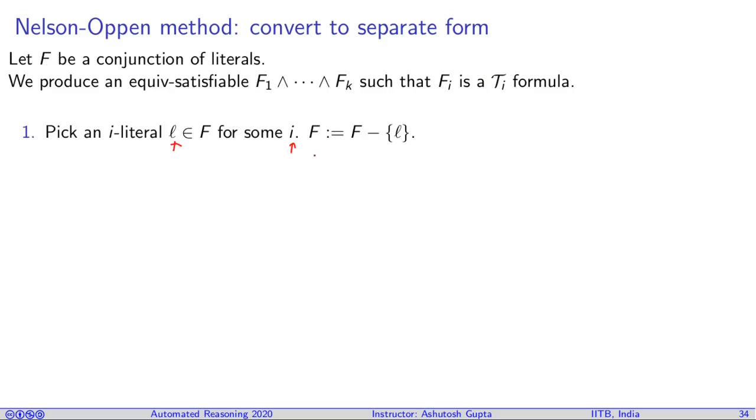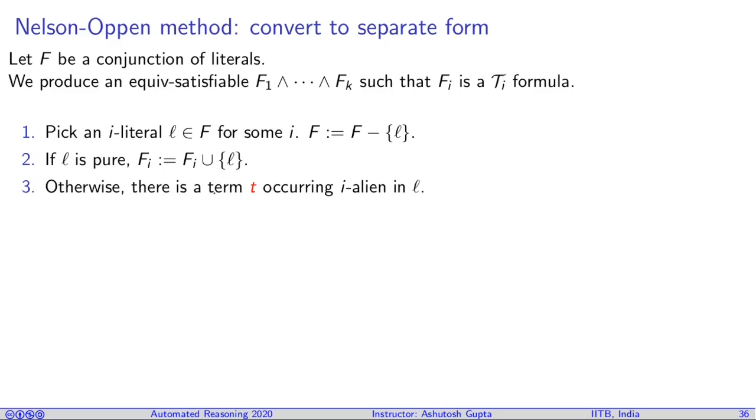Let's see how we do it. Let's suppose we pick an i literal L from formula F, remove this literal from F, and then we want to add it into our Fi. So if L is pure, then you just go ahead and take the union of Fi with L. But otherwise we need to clean it up.